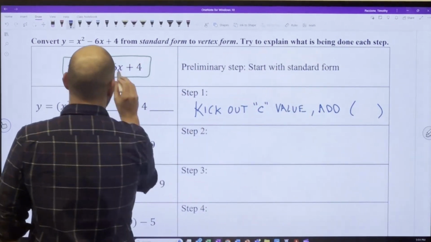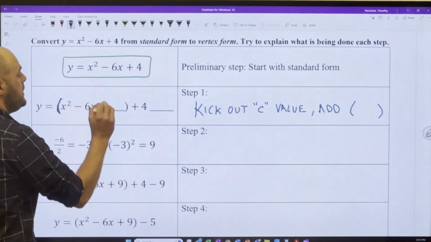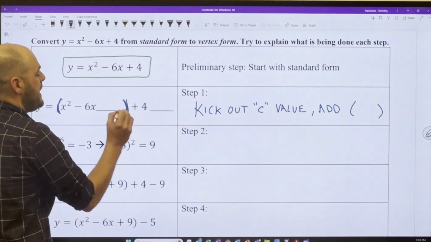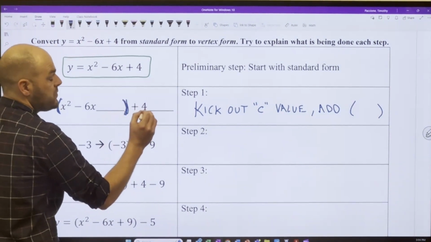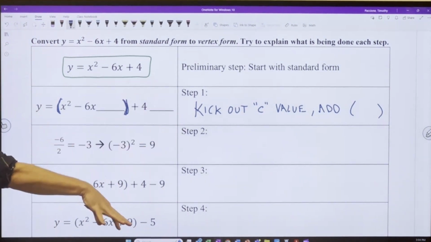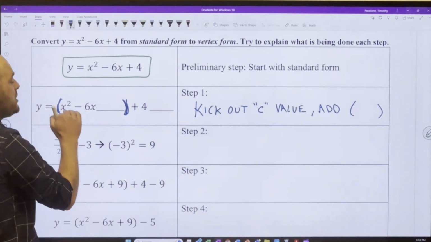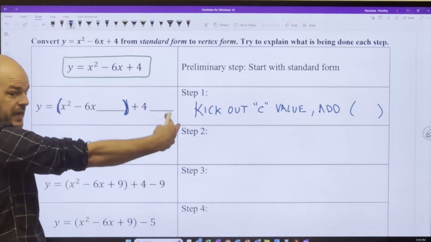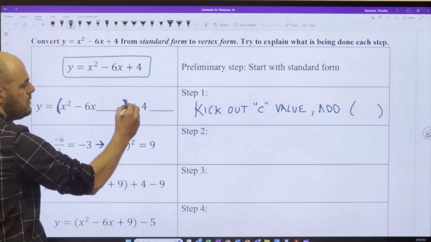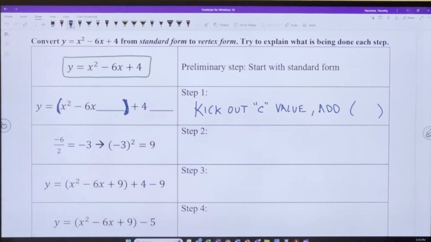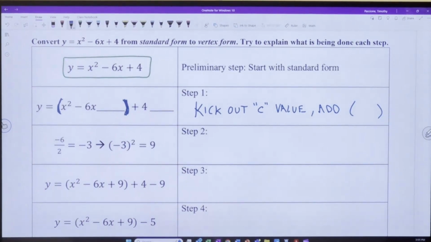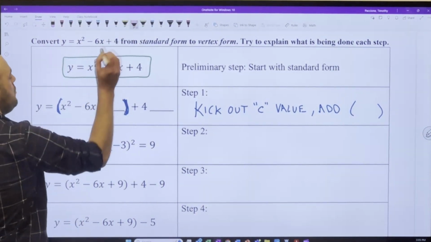So notice that we added parentheses, I left a big space, and then I put +4 on the outside. I kicked it out. C value, no good, get out, right? So it would be x squared minus 6x, big space, parentheses, +4, okay? We're kicking out that c value.